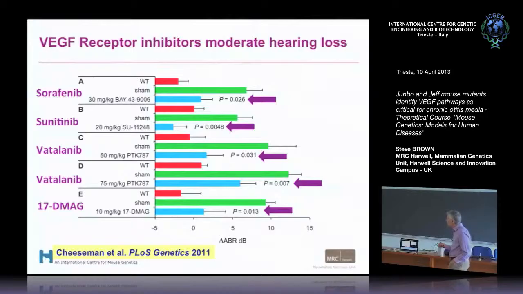In fact, it goes more or less back to wild-type levels, where we have a delta ABR of around 0. Of course, it varies somewhat depending on the drugs that we've used, but you can see that there was an enormous improvement in the hearing loss over that time period between 28 days and 56 days.